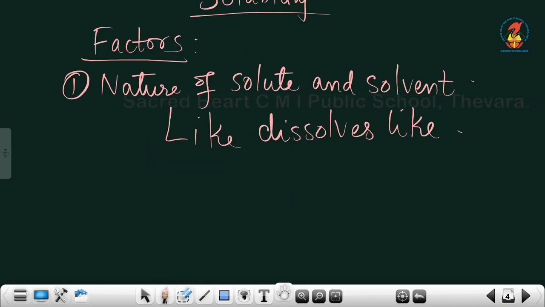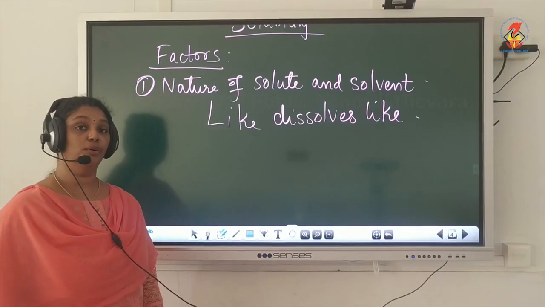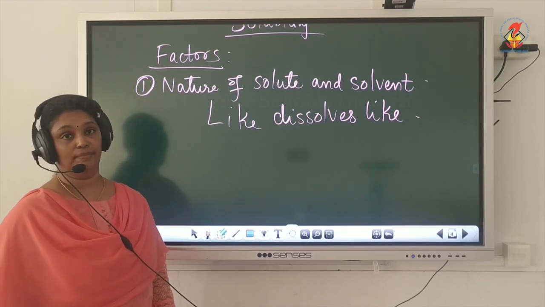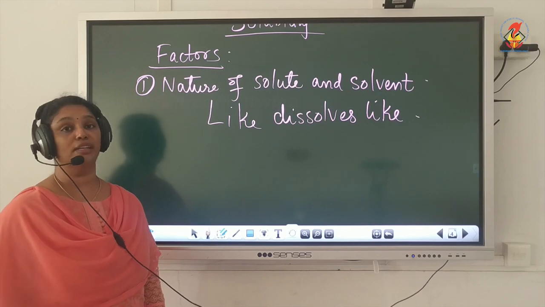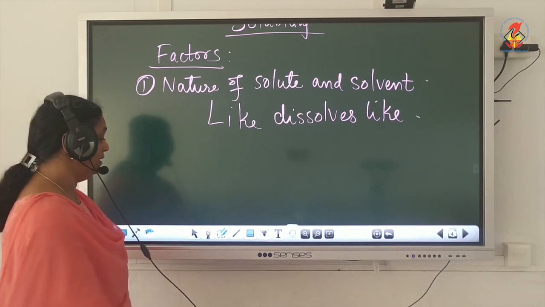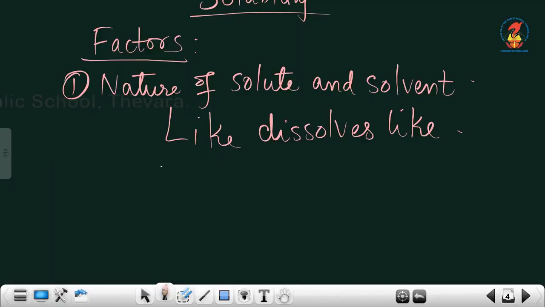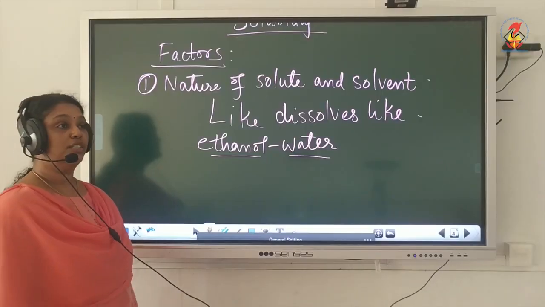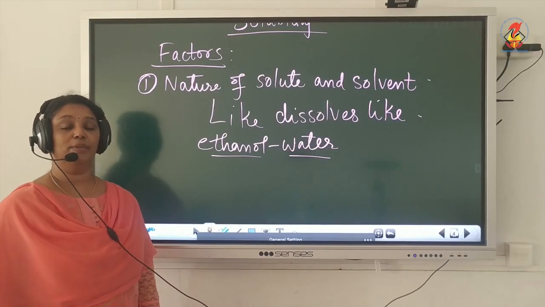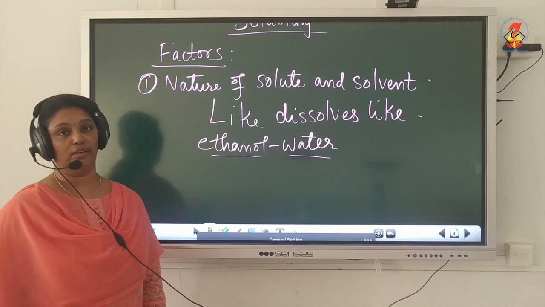Suppose the solute and solvent both are polar in nature. Then a polar solute is soluble in a polar solvent. For example, ethanol and water. Both ethanol as well as water are polar in nature, so both are soluble.